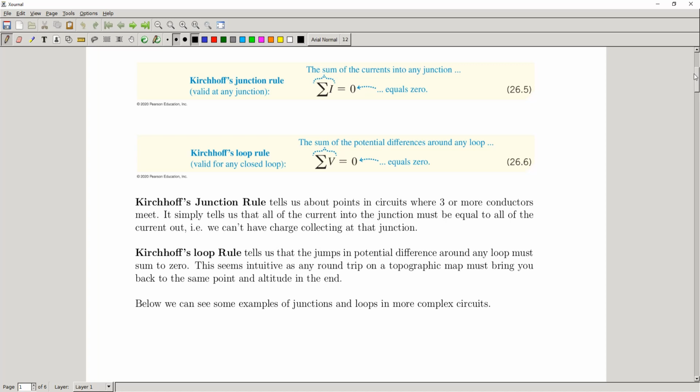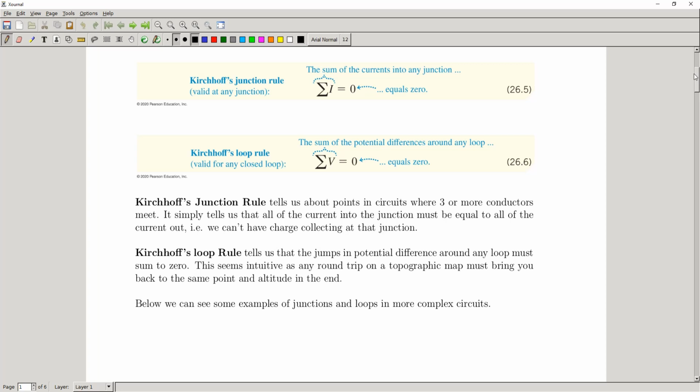This is the same idea as having charge pooling. We can't have that happen. So Kirchhoff's junction rule just tells us that we have to have the same amount of current going out as we had coming in to any point on our circuit here. Here we talk about specifically a point where we have three conductors meeting, but it could be any point. It could be two conductors meeting basically in a straight line, right?